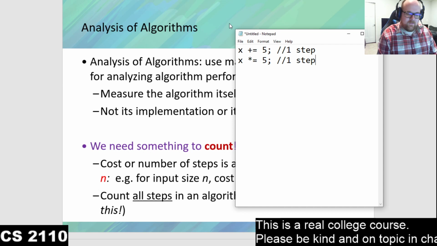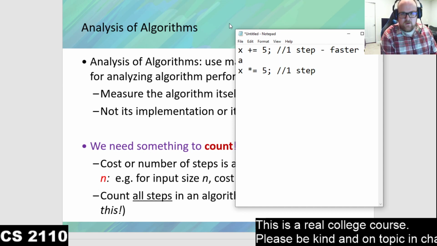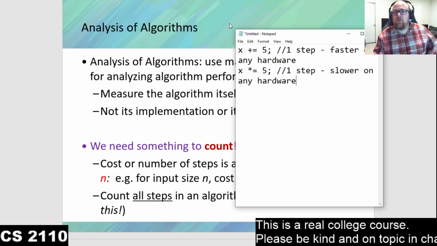But this is faster on any hardware I'm aware of, and this is slower on any hardware. Multiplication is slower than addition at a hardware level. But we don't really care about that when we're analyzing our algorithm at a high level. We're just looking at steps broadly, and steps relative to the size of n.